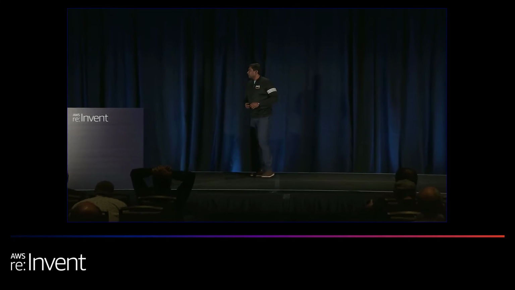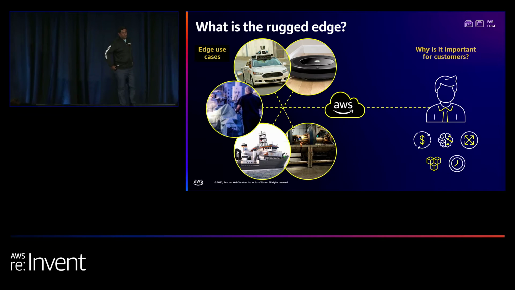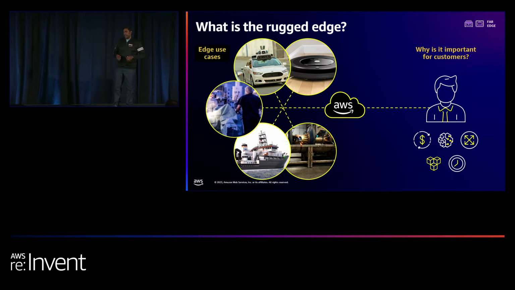Thank you, Sid. So let's start with what the rugged edge is. The rugged edge simply is edge locations where you, our customers, are running operations in unconditioned environments, usually outside a data center, where you've got a wide temperature range for your operations. There could be vibration based on that environment, dust, humidity, and those kinds of things.